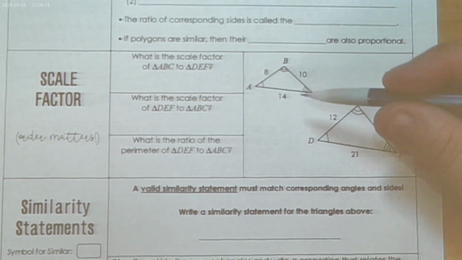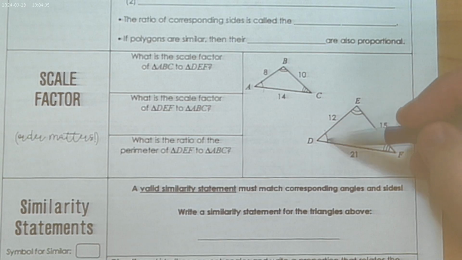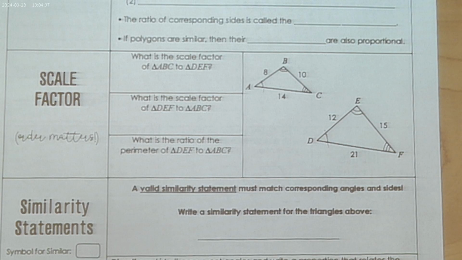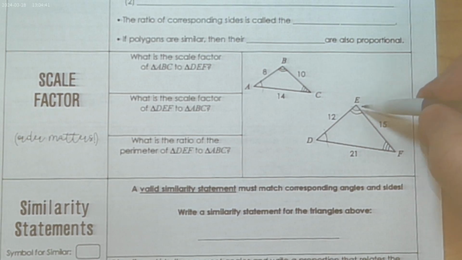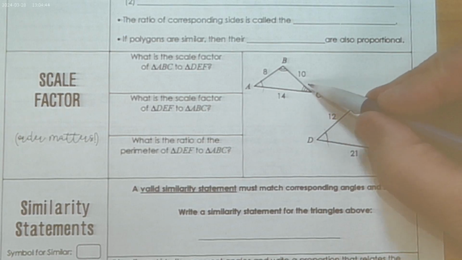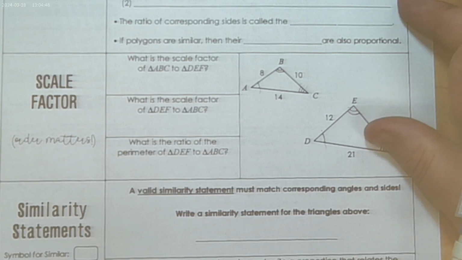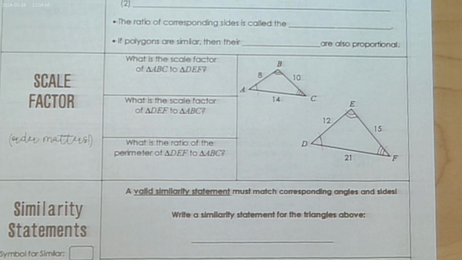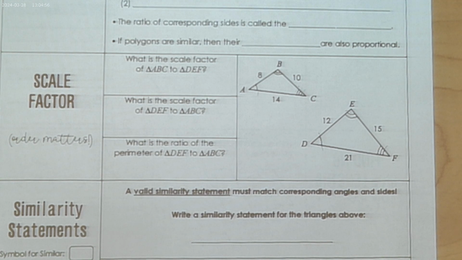That's why when we see this one little loop here, we know that these two angles are going to be equal to one another. The same way we see two loops here, these two are going to be equal. We see three loops here, these three are going to be equal. That's just a notation detail to keep in the back of your mind, because it's going to be one of those solutions for similarity.